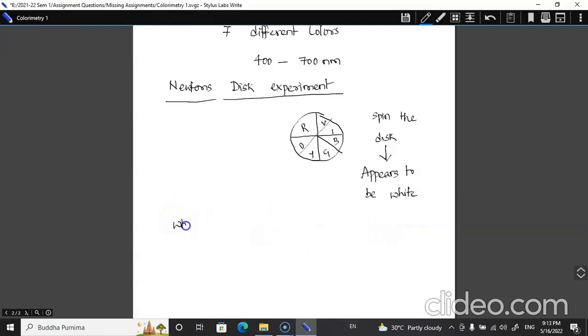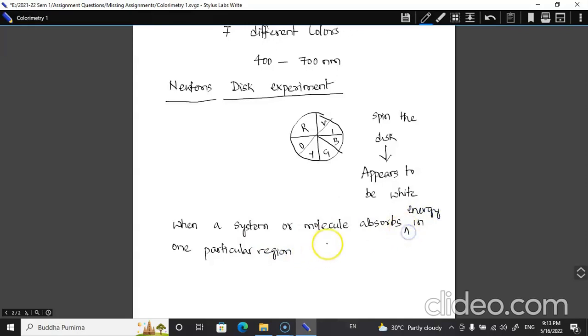When a system or a molecule absorbs energy in one particular region, it emits the energy in its complementary region.